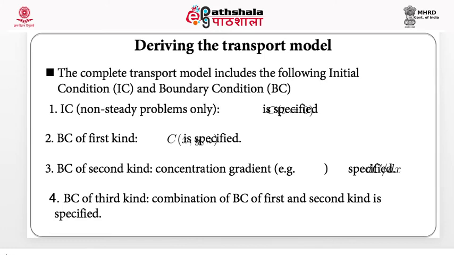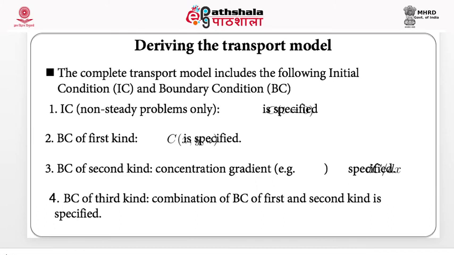For the boundary condition, analogous to the flow model, we have 3 boundary conditions. The first is the boundary condition of first type, or first kind, in which we specify concentrations at different places. In the second type, also called the second kind, we define the concentration gradient.